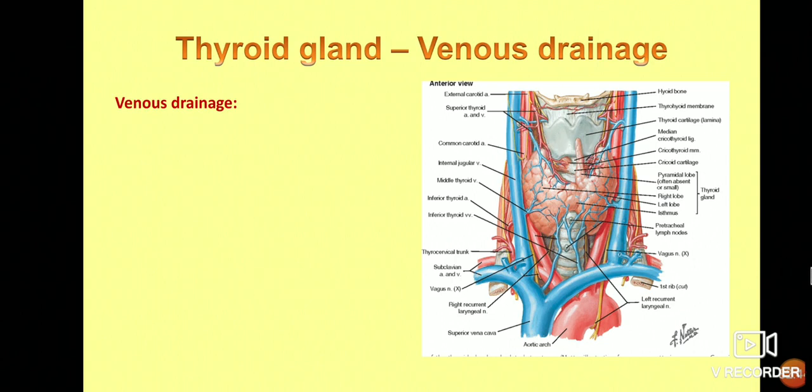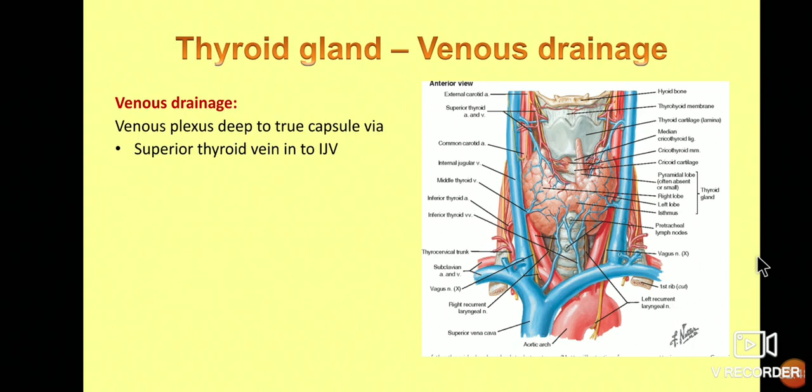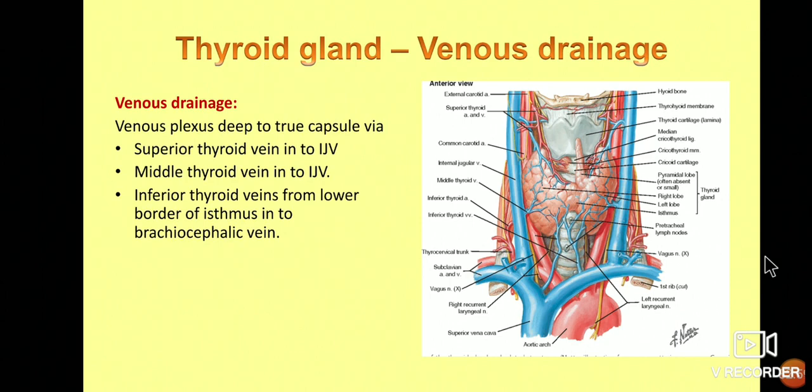Superior thyroid vein drains into the internal jugular vein. Middle thyroid vein also drains into the internal jugular vein. Inferior thyroid vein drains into the brachiocephalic vein.